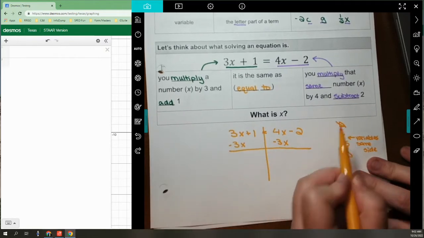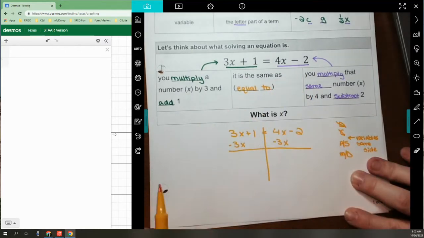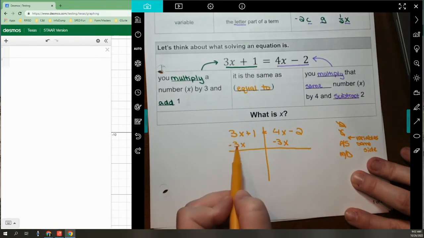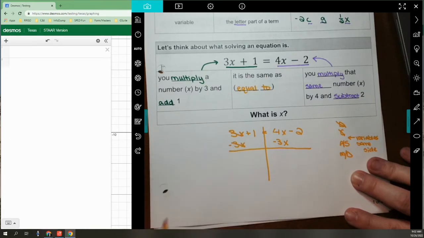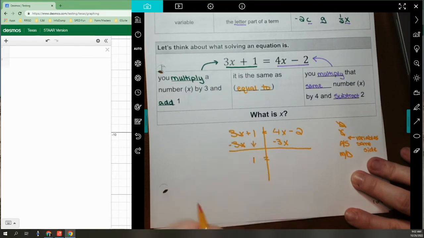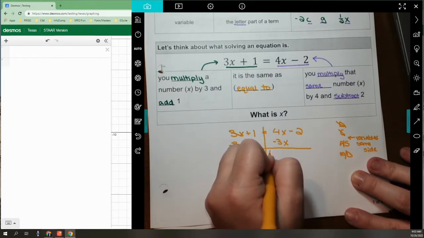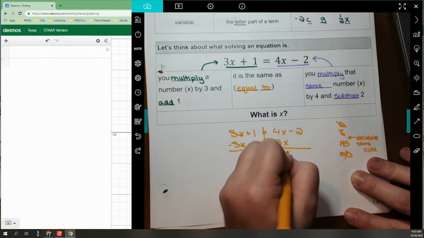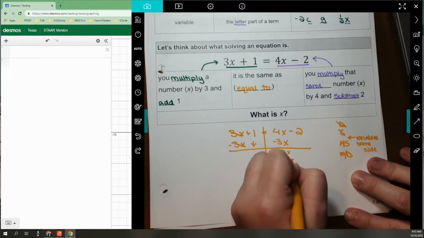There's no distribution I can do here, and there's no combining like terms on the same side. Okay, so now I want to get rid of my 3x. I know that 3x minus 3x is 0, just like if I had 3 minus 3, I could cross it out. My 1 carries down. 4x minus 3x, 4 minus 3 is 1, so I have 1x minus 2.